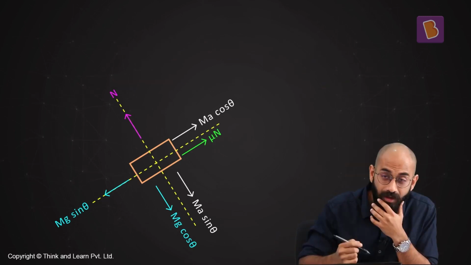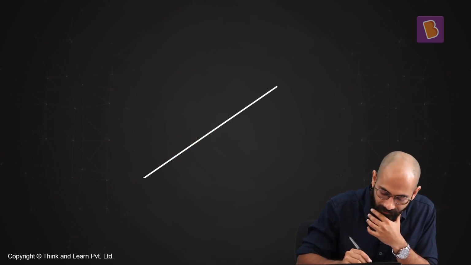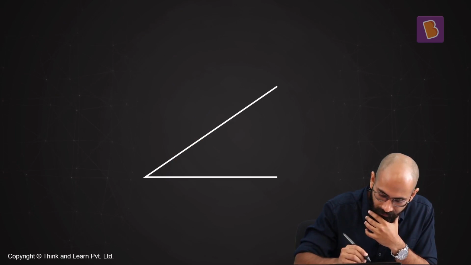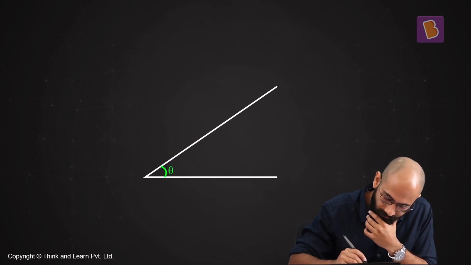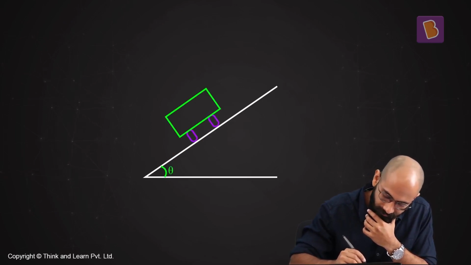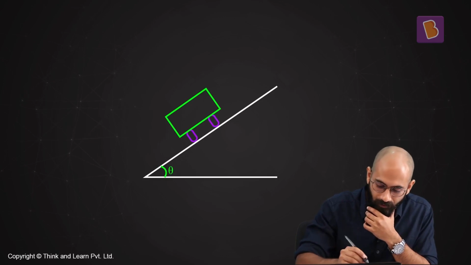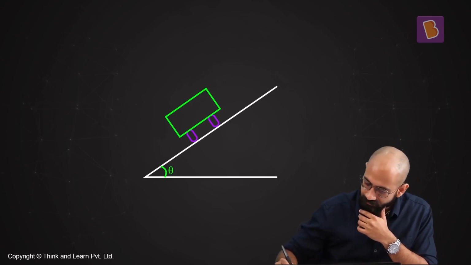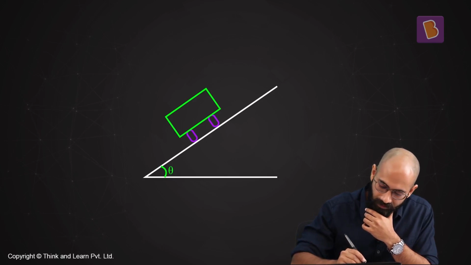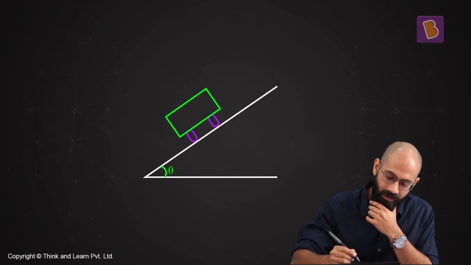Which means that, if I draw the diagram again, like this, if you look at the forces that are acting on it, it's mg, of course. Mg will be one of the forces.